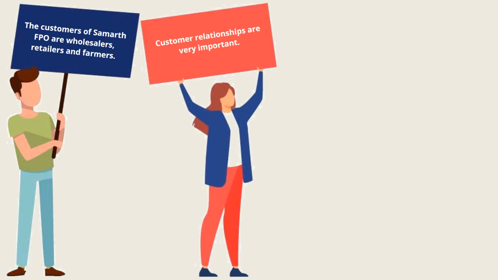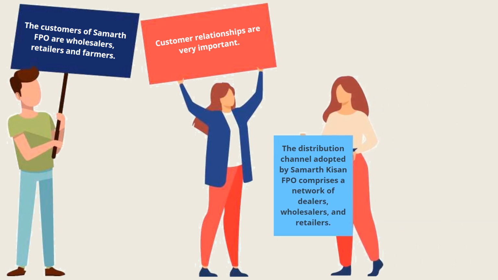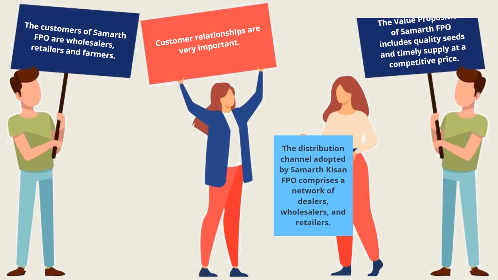Customer relationships are very important. The distribution channel adopted by Samarth Kisan FPO comprises a network of dealers, wholesalers, and retailers. The value proposition of Samarth FPO includes quality seeds and timely supply at a competitive price.